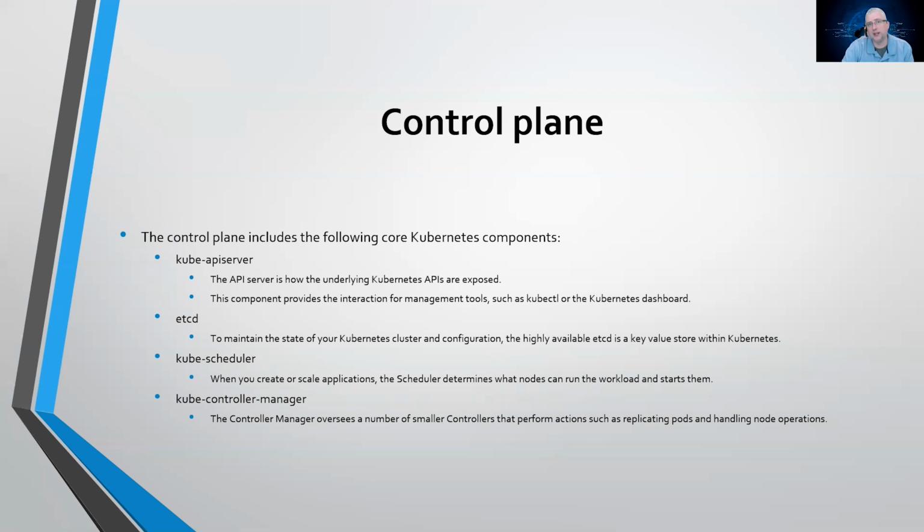So when you connect to your API and push your CI pipeline to put out a new version, it's going to go to the scheduler. The scheduler is going to determine which nodes can run it. Okay. The kube controller manager just oversees the controllers and does that management for us. Again, none of this you can touch, right? This is all Azure managed for the control plane.